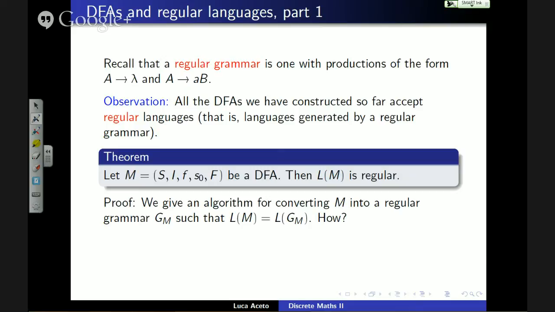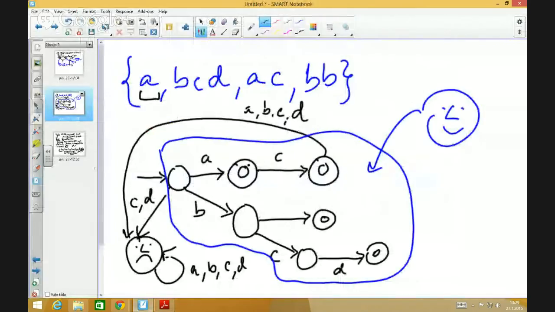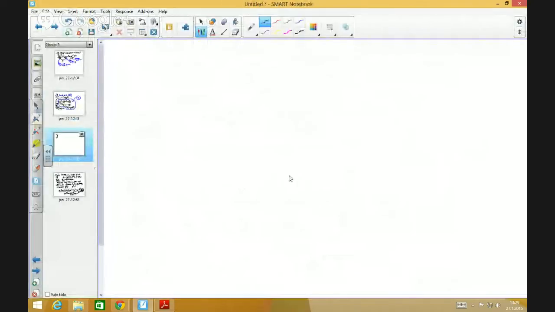Okay? How does this work? So here's what I want to do. I want to construct a DFA to regular grammar converter. That's a compiler for you. It's a bit of a different compiler from the one that takes C++ programs as input, but there you are.